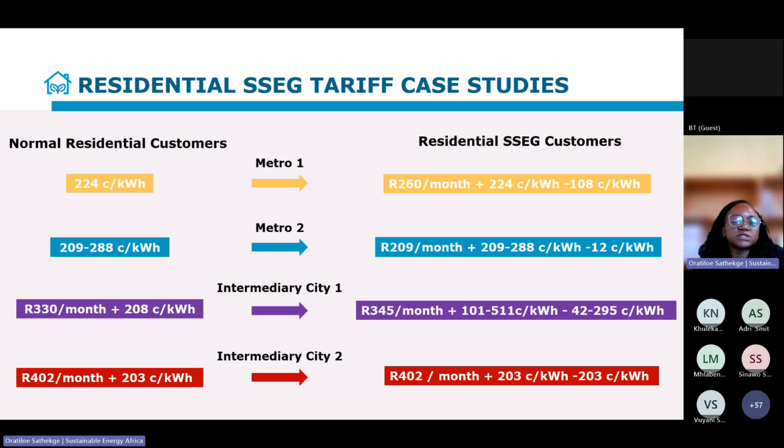Intermediary City 2 stayed the same with a basic charge, and the energy charge remained the same. It's also important to notice that their export credit is the same as their energy charge.